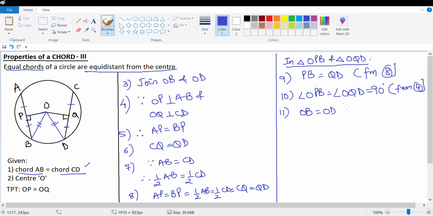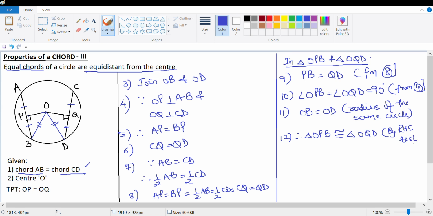This means I have a right angle equal, hypotenuse equal, side equal, which means triangle OPB is congruent to triangle OQD by RHS test. Since these two triangles are congruent, OP is equal to OQ by CPCT. This is what I needed to prove.